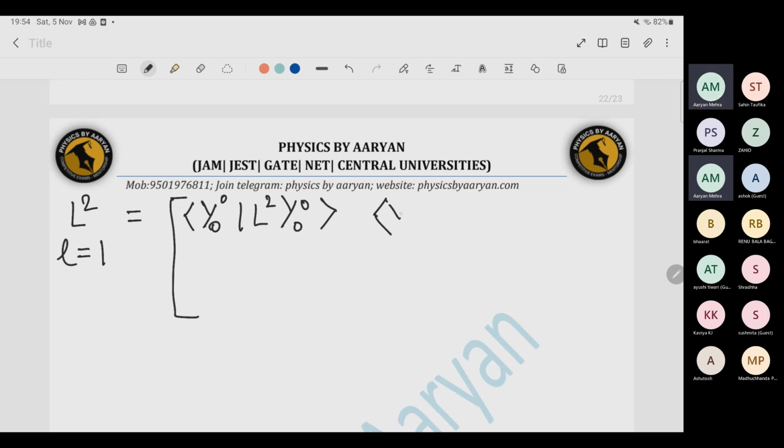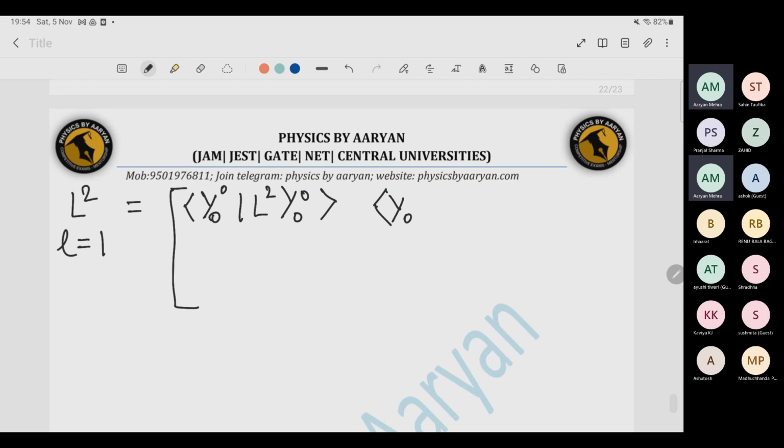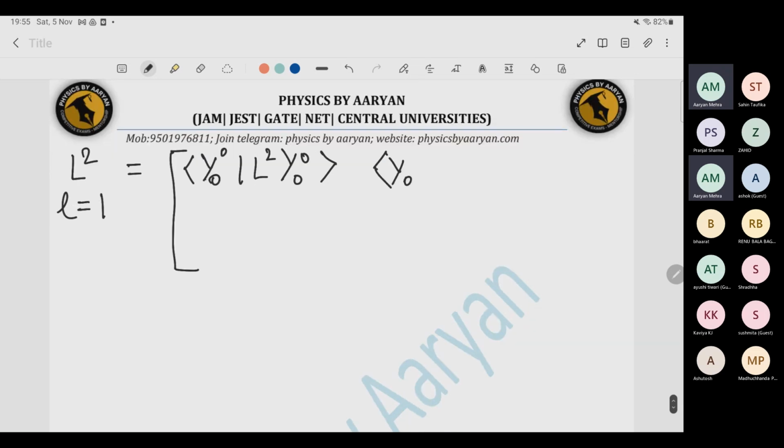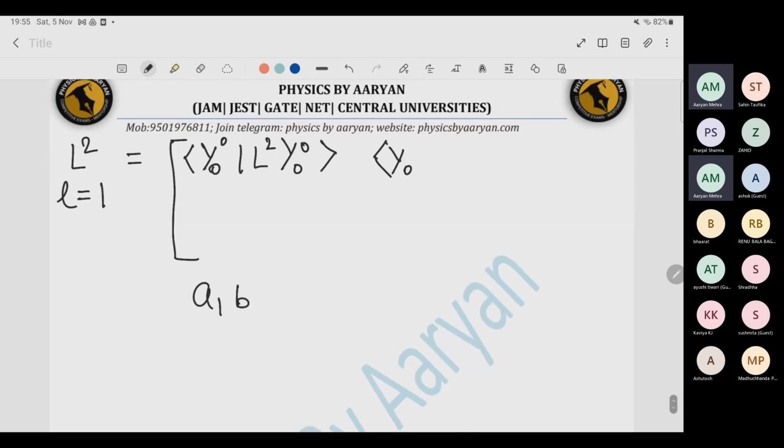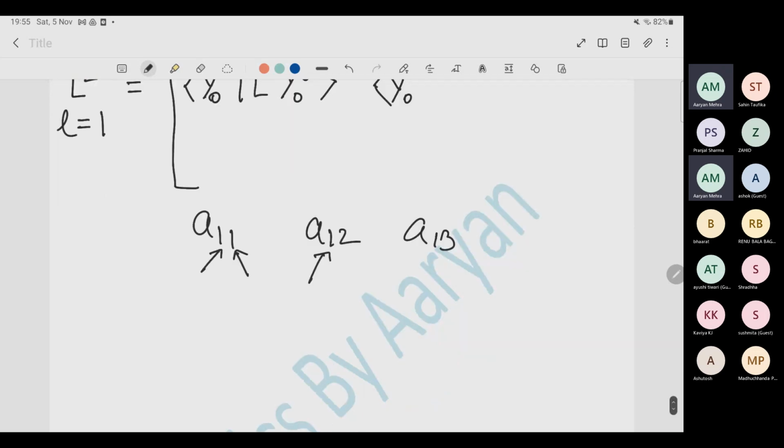Now, how do you describe the elements of the state? It is A11, A12, A13, which means the first remains state 1 and this remains state 1. In the second element, this is state 1 but this is state 2.